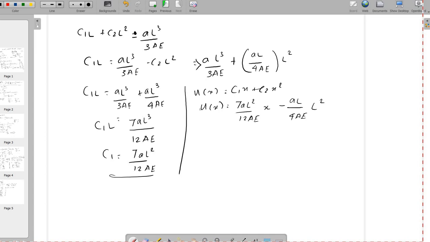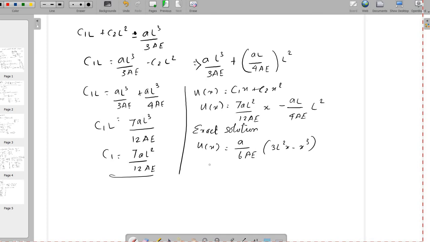Here is the exact solution from the previous problem, the axially loaded bar. The exact solution is u of x equal to A by 6AE into 3L square x minus x cube.